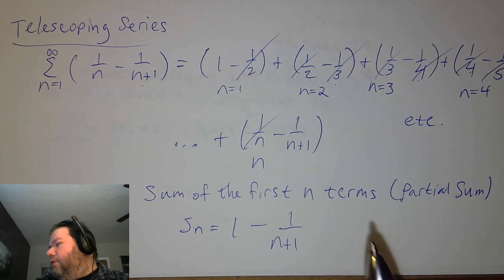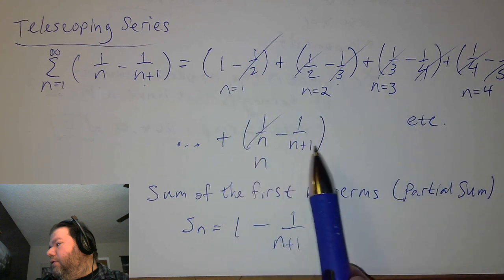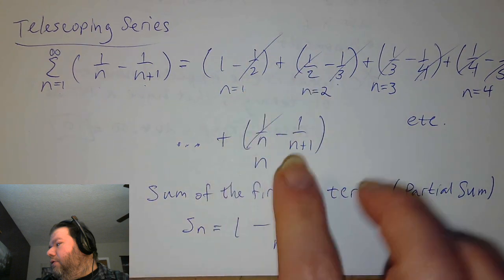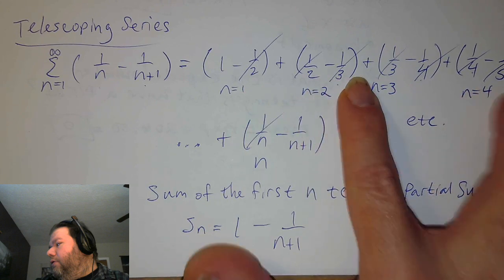This really only applies in telescoping series. I mean, we can use partial sums anywhere, don't get me wrong. But this kind of thing only really applies in what's called a telescoping series, where different terms are canceling each other out. It may not always be like these two right here. It may be these two cancel, these two cancel, these two cancel, and so on.